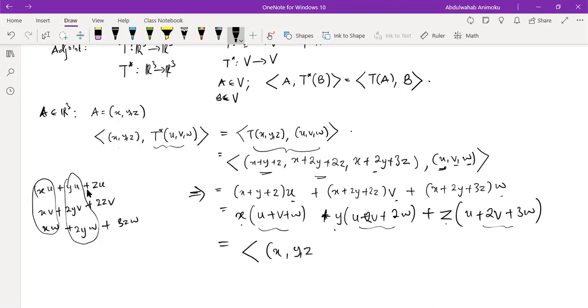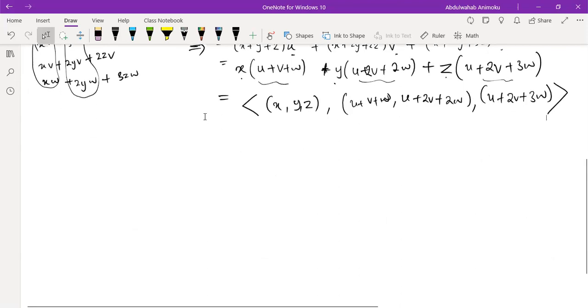The inner product of x, y, z with this vector: u plus v plus w, then u plus 2v plus 2w, and then lastly u plus 2v plus 3w. Okay, so this is what we have. So basically, as you can see, this can now be written as what?